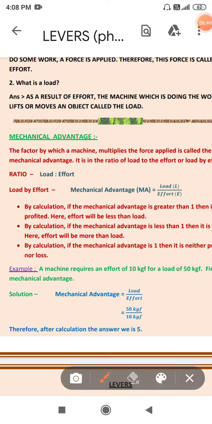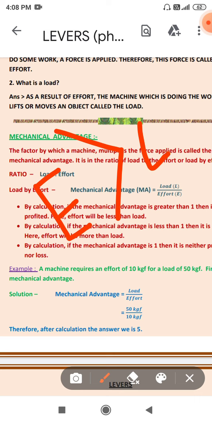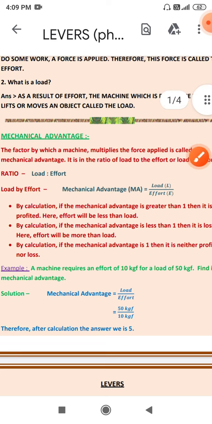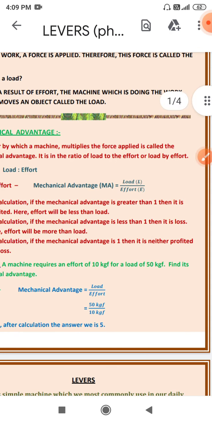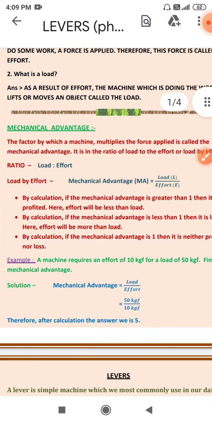Okay, now if we write over here, effort is greater than the load. E means effort, L means load. Now coming to the third point, by calculation, if the mechanical advantage is 1, then it is neither profit nor loss.